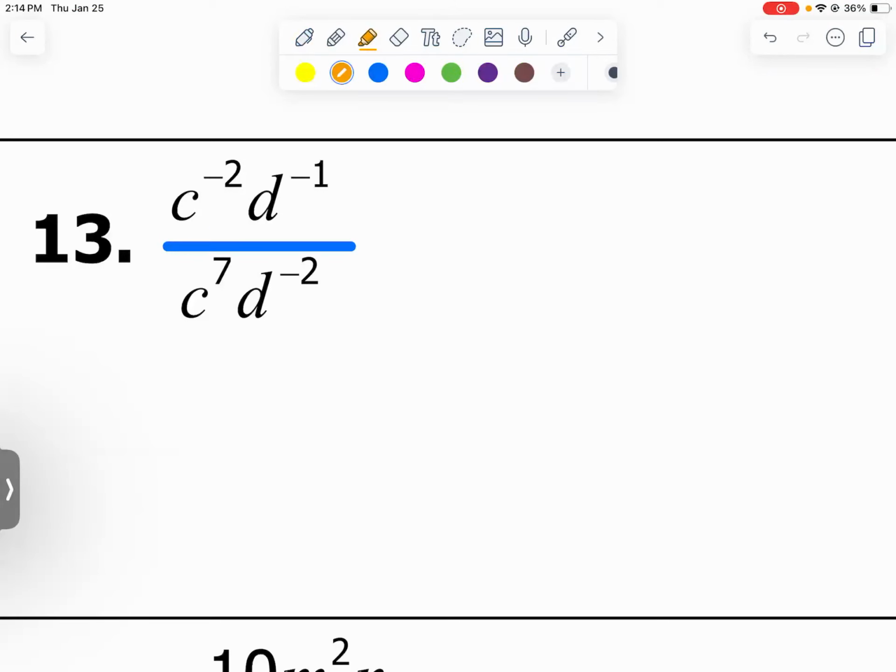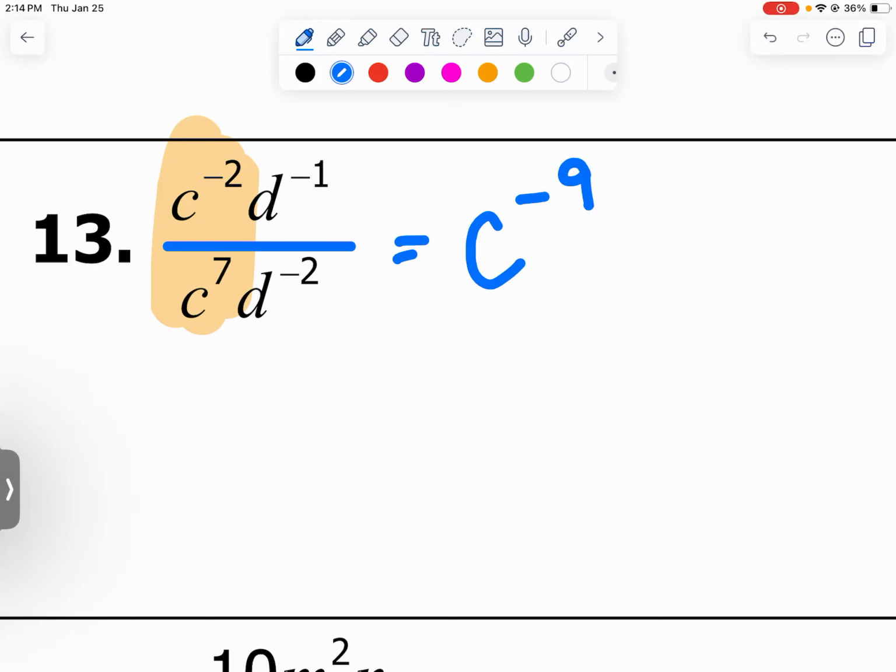So what are you saying? When we take this, we get c to the what? -9. Why is it -9, Dave? Because when you subtract the positive, -2 minus 7 is what we have right there.